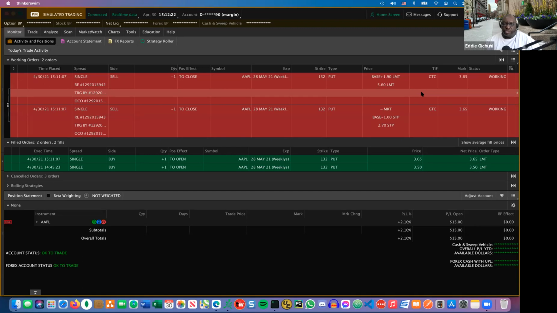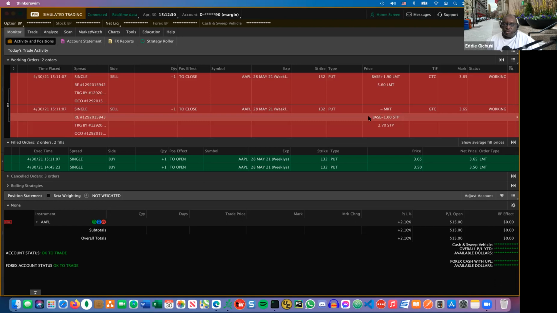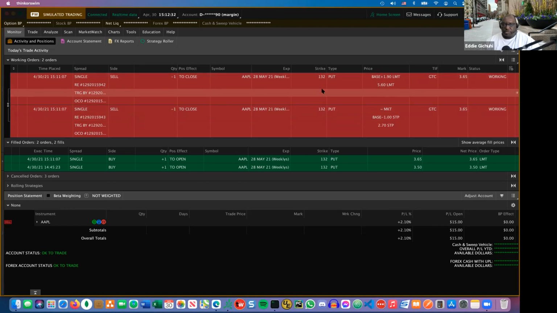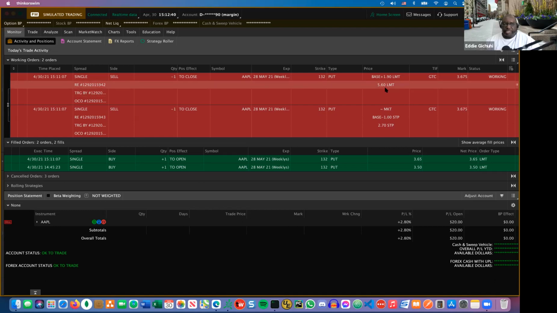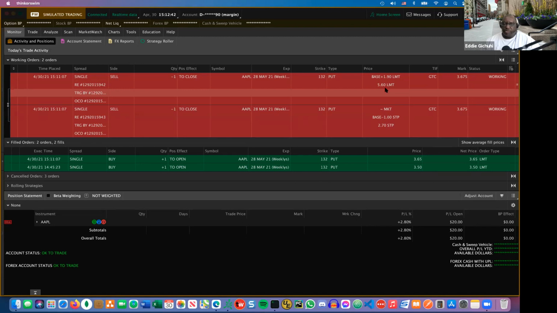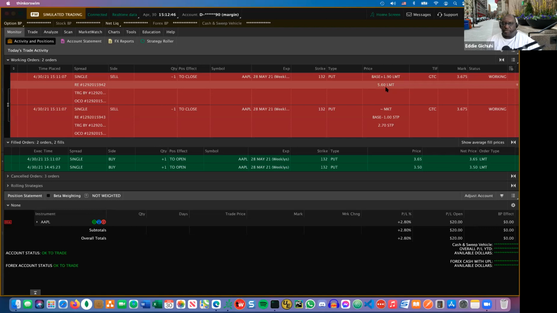One is your entry, the one that we used to enter the trade. The second one is your take profit order, which is this one. I put in my take profit order, and I told the system that once you get to $5.60, please take me out, because I will have made approximately $2, give or take.